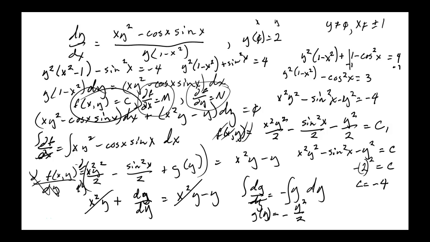Cosine squared x equals 4 minus 1. That's the same answer. It's just we did it in terms of the sine squared to the plus, they did it with cosine squared to the minus. Those are the same answers. And you can plot them too.